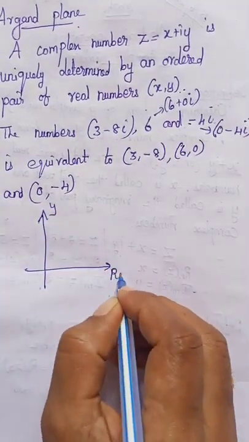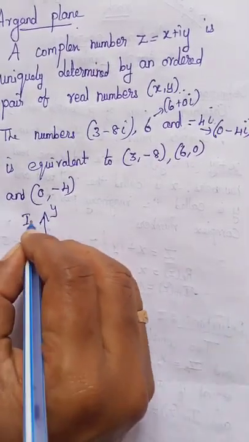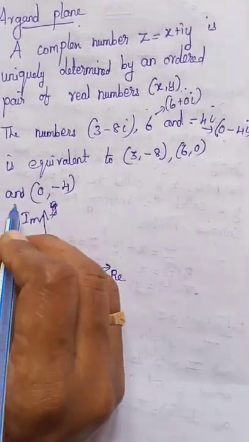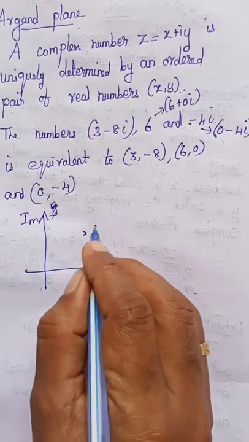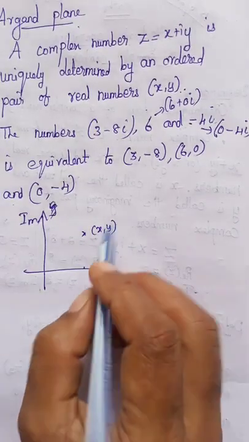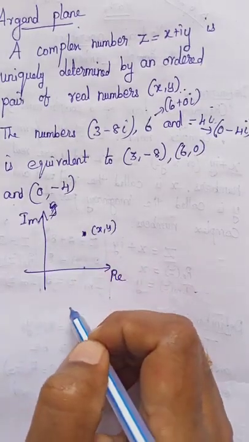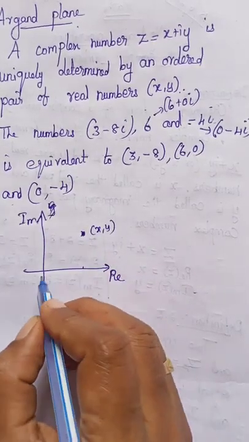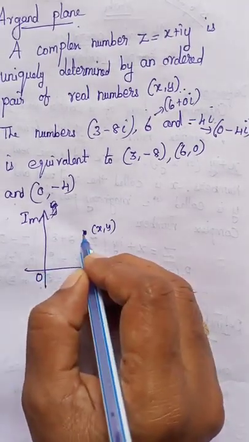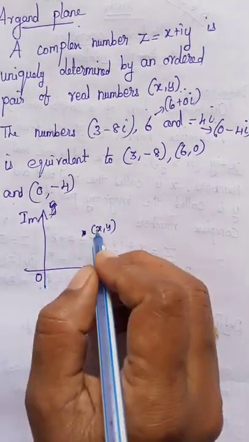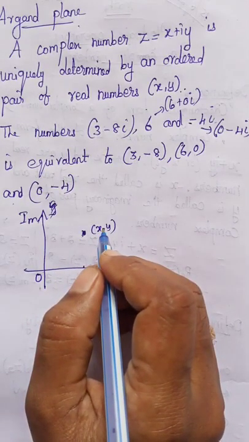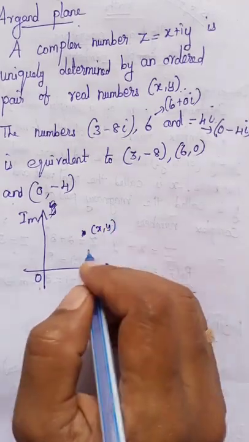So in a complex number, this is the real part and here it is the imaginary part. Real part and imaginary part, x plus iy. Somewhere here it will be x comma y. This is the complex number as a point. With the position, joining from 0 to that point, that is the position vector pointing from the origin to the point.